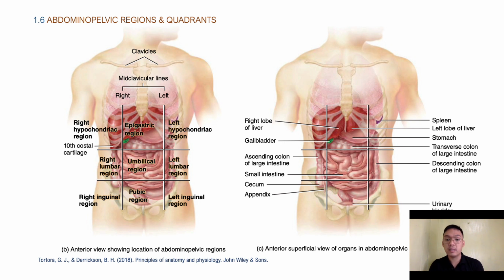It's the edge. Now, these are the superficial view of organs in your abdominal pelvic regions. You can see here the right lobe of your liver, the spleen, the left lobe of the liver, the stomach, transverse colon of your large intestine, the descending colon of your large intestine, urinary bladder, appendix, your cecum, small intestine, and the ascending colon of your large intestine.